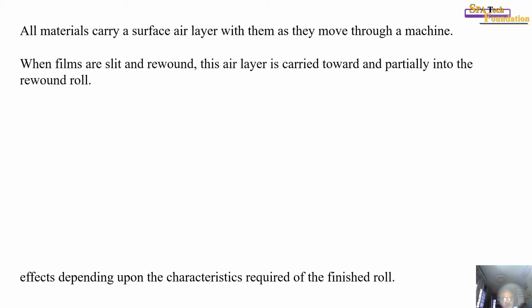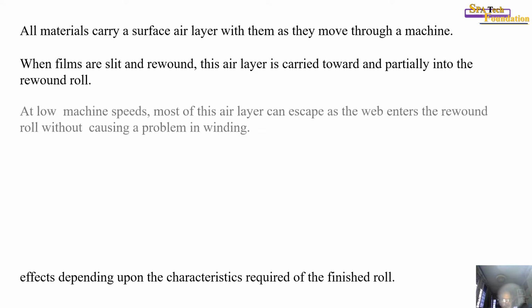All materials carry a surface air layer with them as they move through a machine. When films are slit and rewound, this air layer is carried towards and partially into the rewound roll.